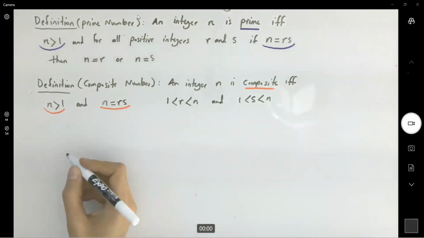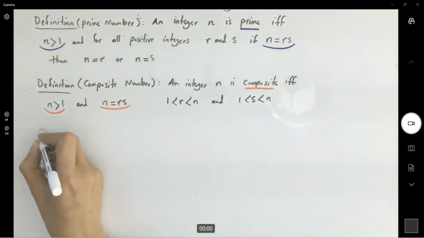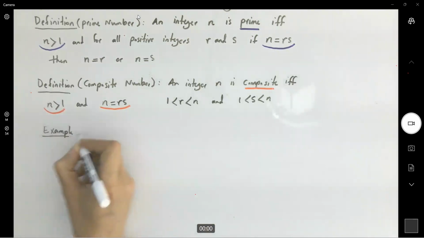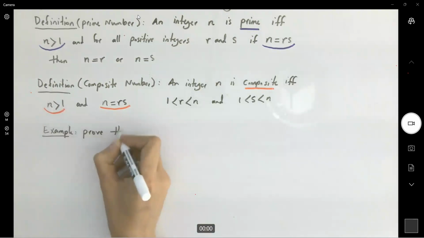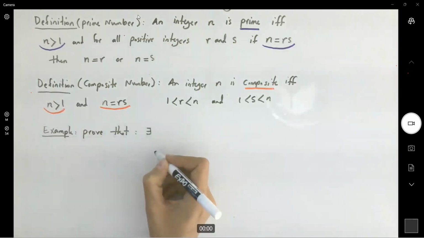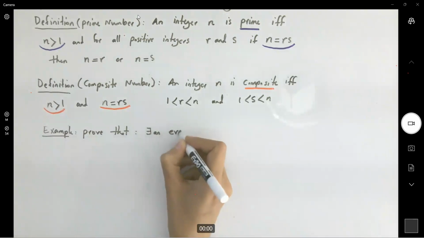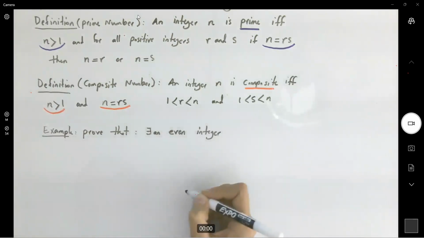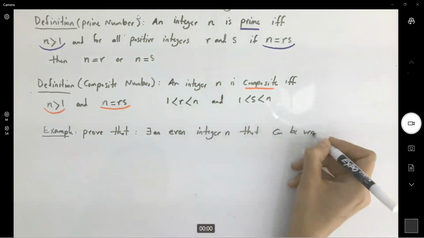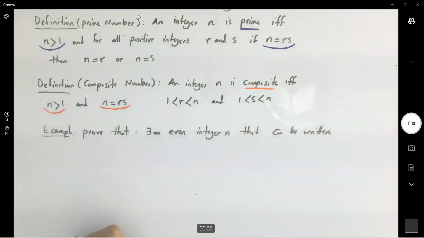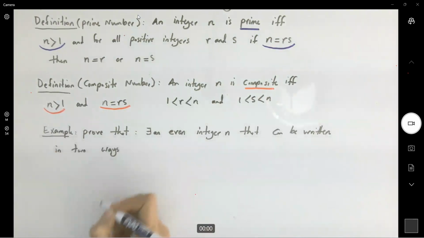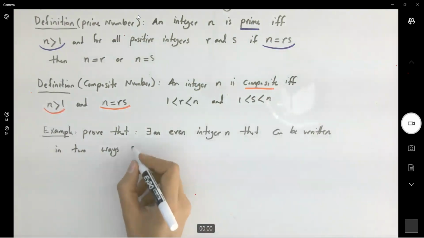This example says, prove that there is an even integer like n that can be written in two ways as a sum of two prime numbers.